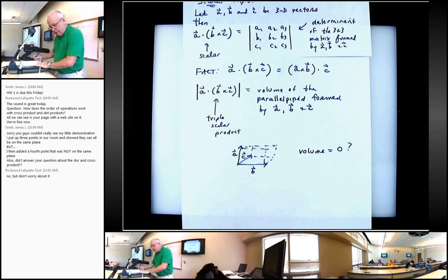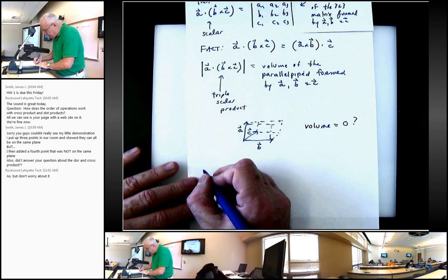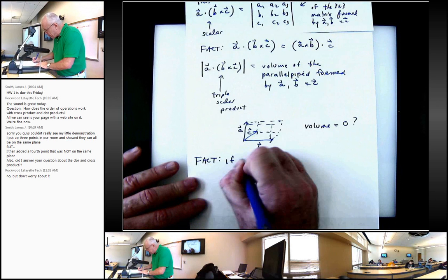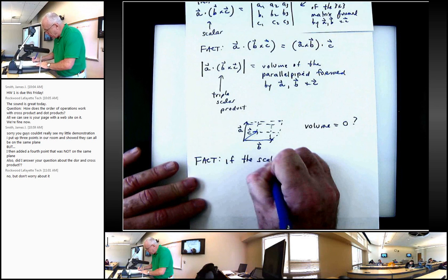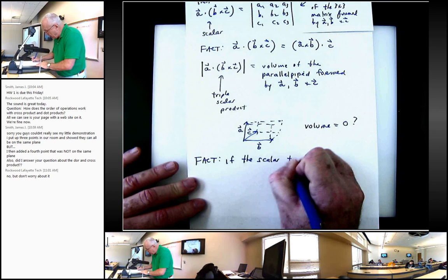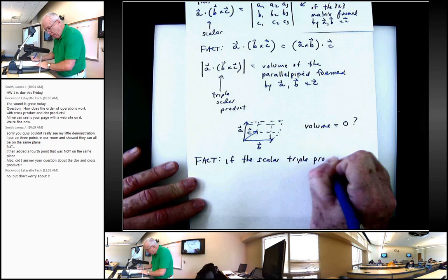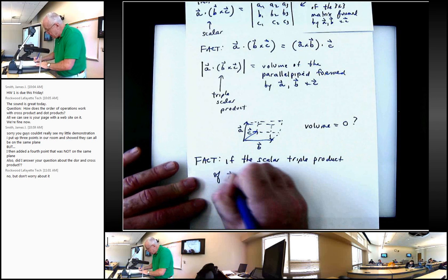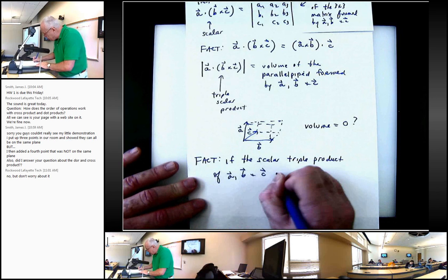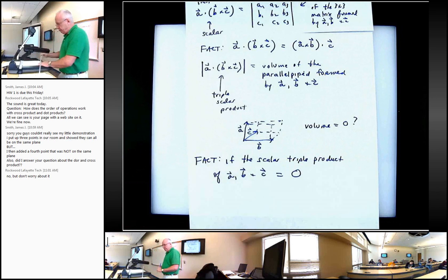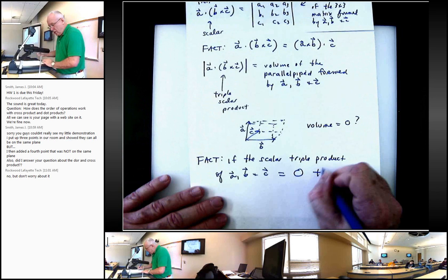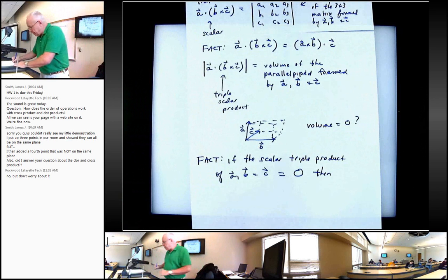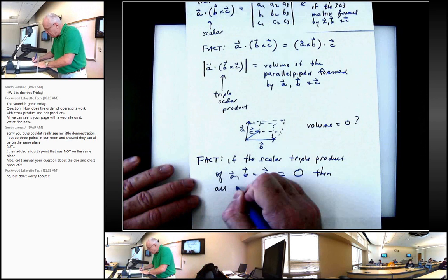So this tells us the following fact. If the scalar triple product of A, B, and C equals the number 0, then all three vectors lie on the same plane.